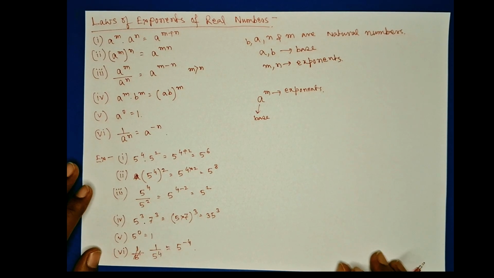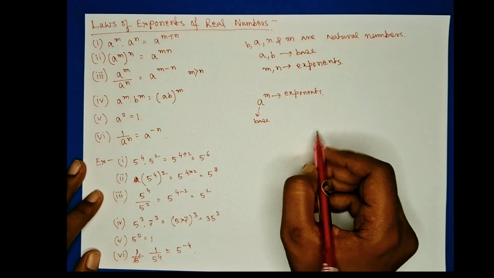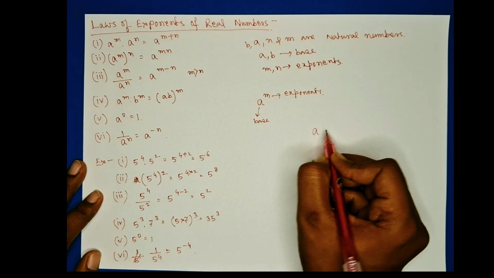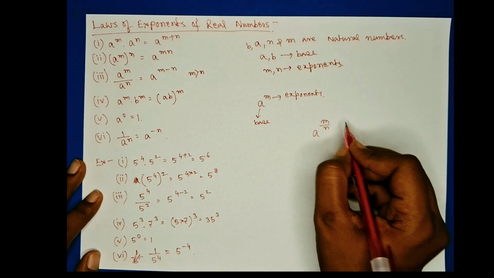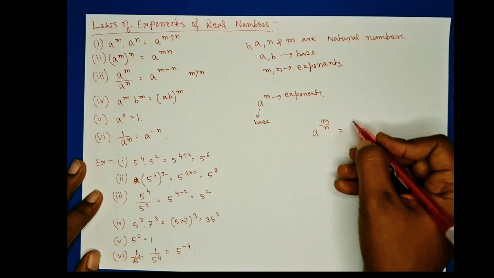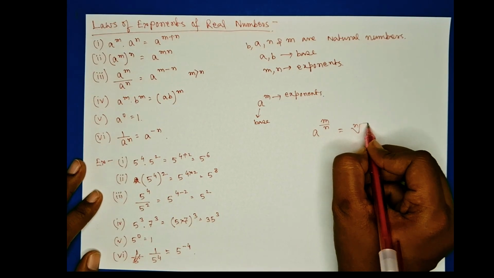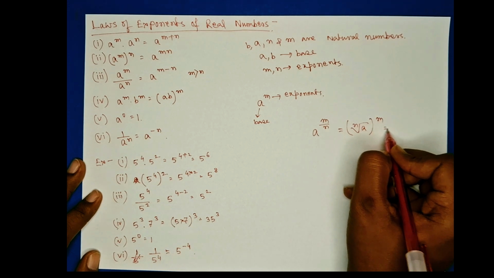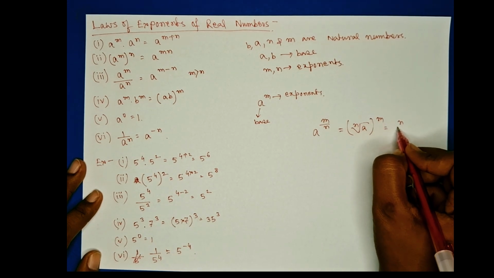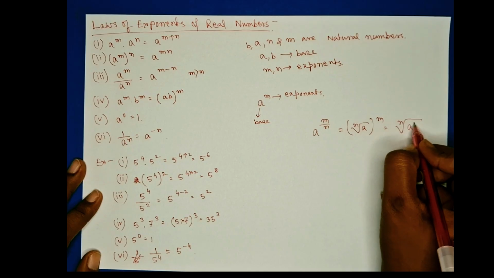Okay, remember a to the power m by n, this can be written as n root of a whole to the power m, or this can be written as n root of a to the power m.